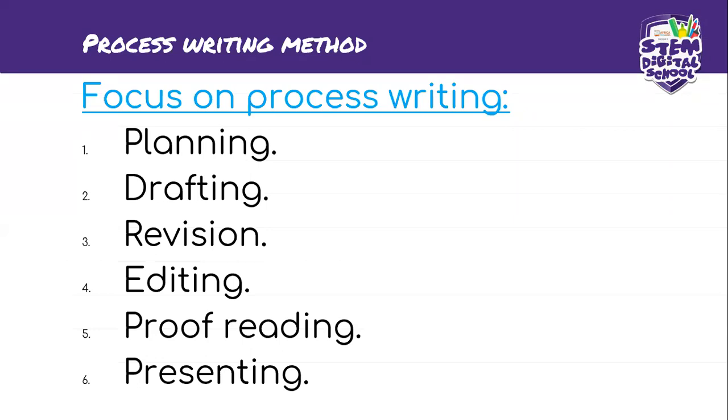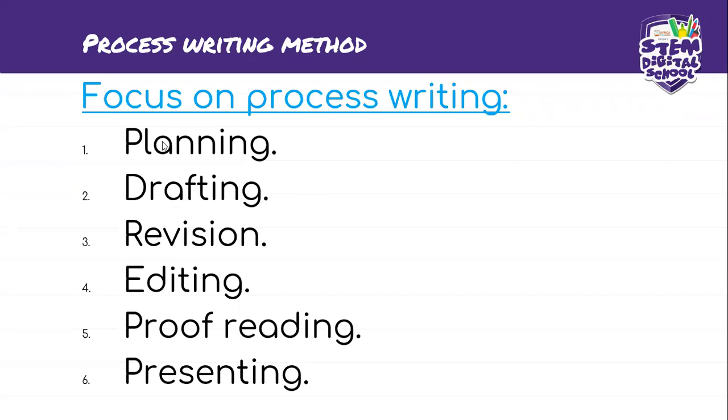Never ever scramble this order. Okay, so this is the chronological order. Do not do anything before the other one. This is the order that you need to follow with the process writing method.